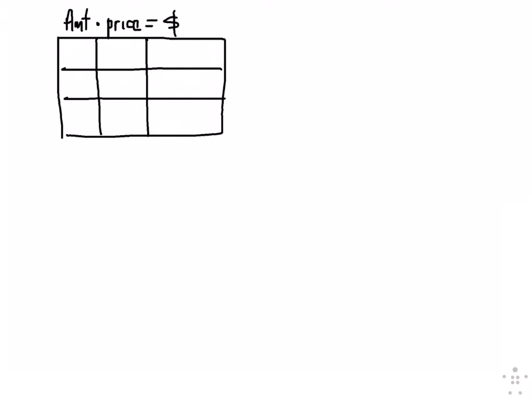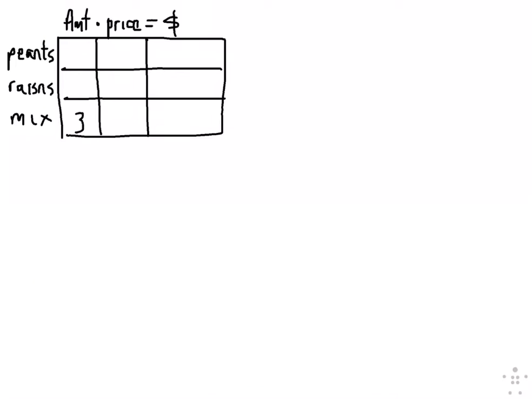So let's see what we have. We have peanuts, so we could call this peanuts, and raisins, and the mix. Okay, so let's fill in the table. Juanita mixed 3 kilograms of peanuts and raisins, so that's the mix.